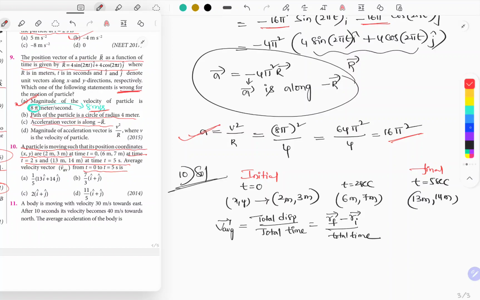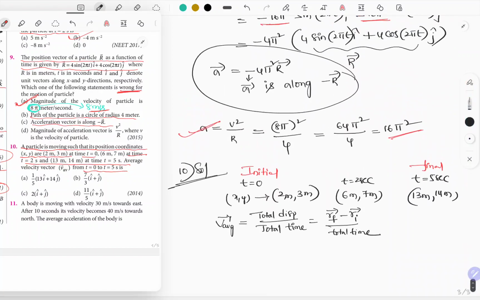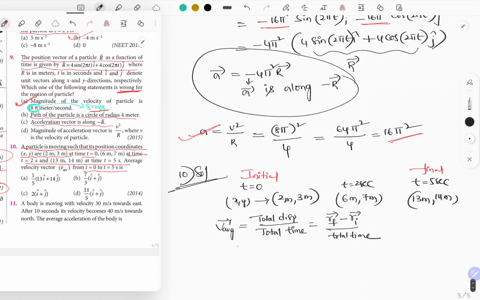Very good. Now what is the initial position? Try to understand. Initial position ri bar is equal to 2 i cap plus 3 j cap. Final position rf bar is equal to 13 i cap plus 14 j cap.